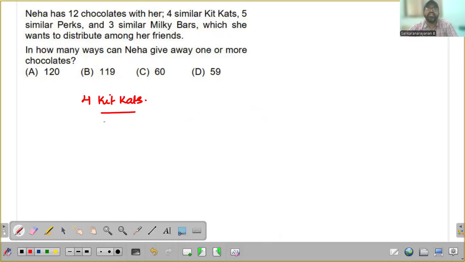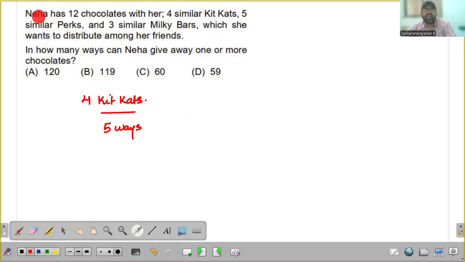Neha can handle these 4 Kit Kats in 5 ways. She may not give any Kit Kat, she may give 1 Kit Kat, 2 Kit Kats, 3 Kit Kats, or all 4 Kit Kats. So the Kit Kats can be handled altogether in 5 ways.